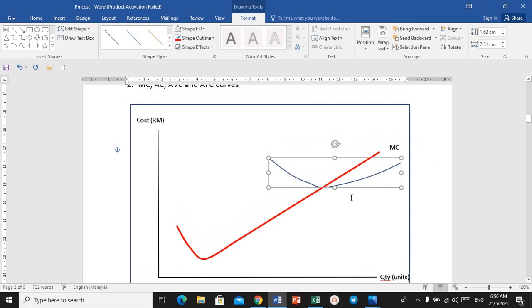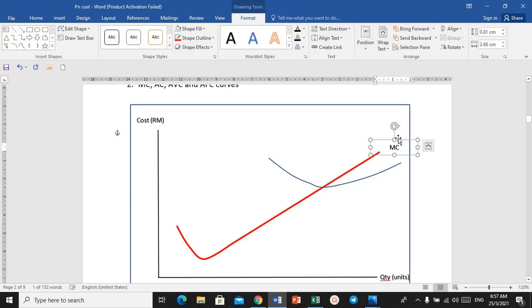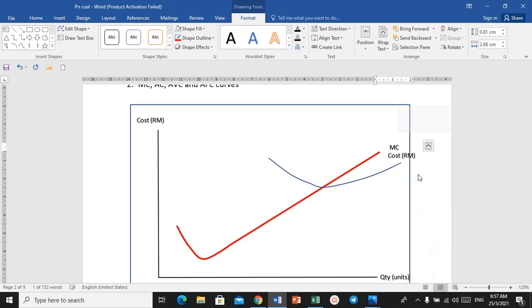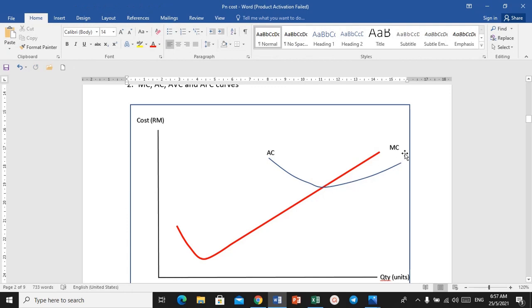Make sure that the minimum point is intersecting with the MC curve. Label it as AC. You can see here the minimum point of AC intersects with the MC curve.